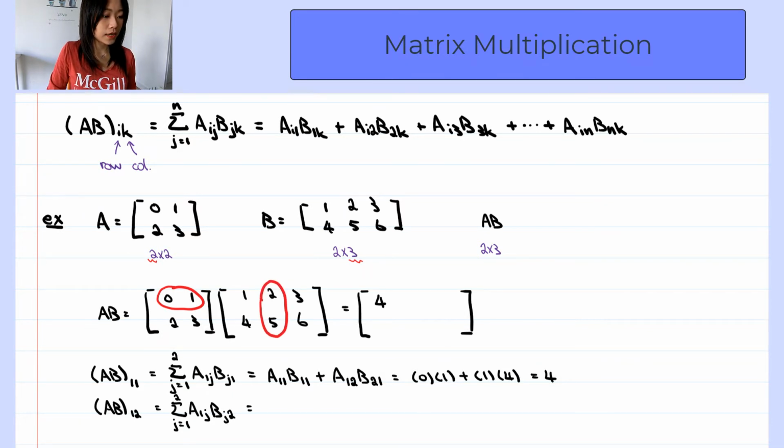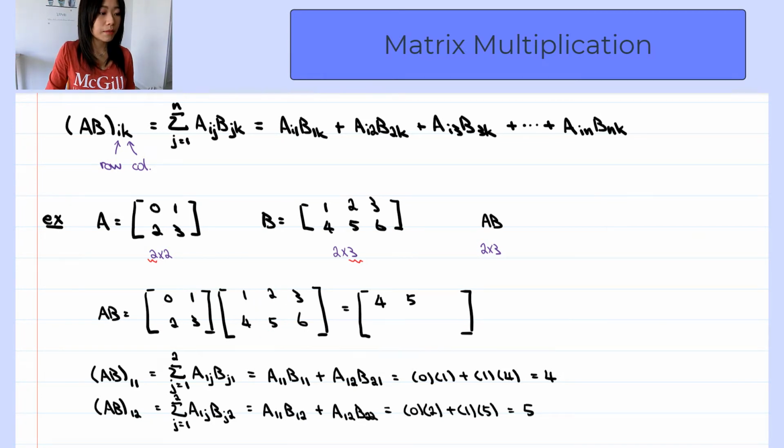So this is the element of A in the first row and first column times the element of B in the first row and second column, plus the element of A in the first row and second column times the element of B in the second row and second column, which is 0 times 2 plus 1 times 5, which equals 5. So this is the element of A times B in the first row and second column.